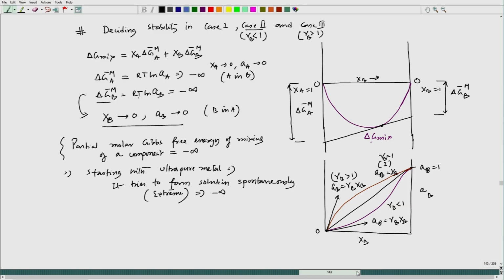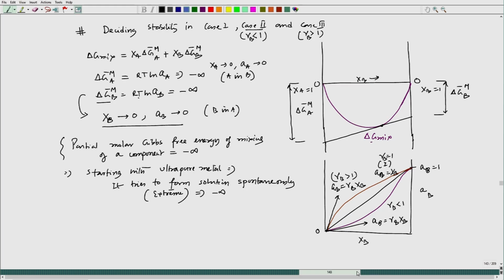So, whatever positive values we can achieve for delta H_mix, there will be a situation at the extreme ends, that means the pure metal ends A and B, there would always be some dip in the delta G_mix by RT plot. Okay. So, that we will see later. I just wanted to have this discussion on what happens when you go to the extremely ultra pure metal side, and the solution formation becomes spontaneous.